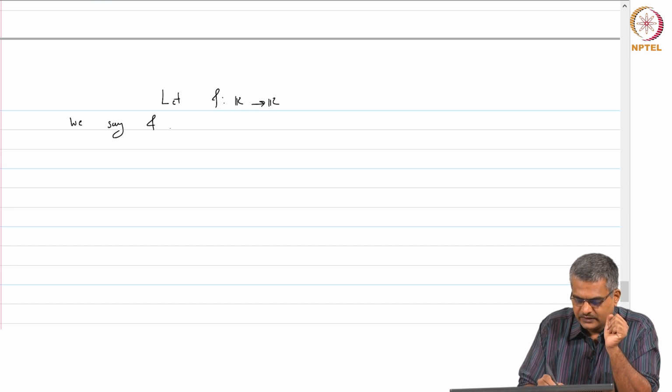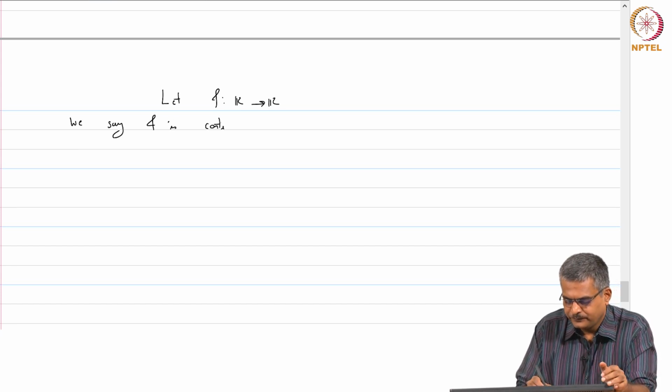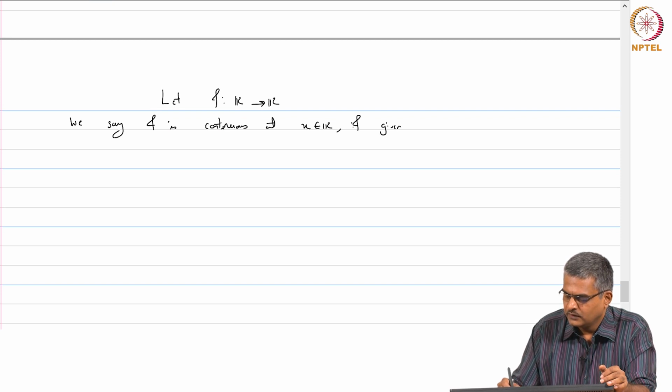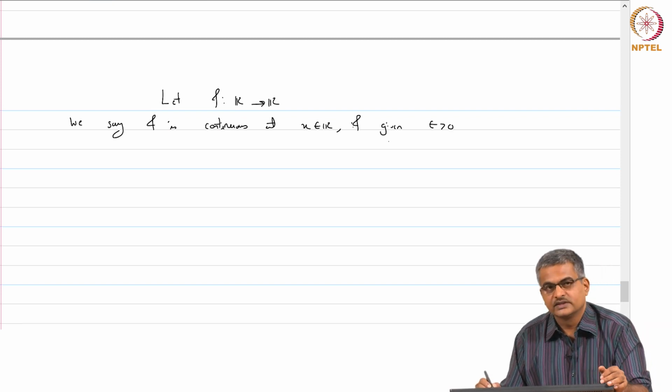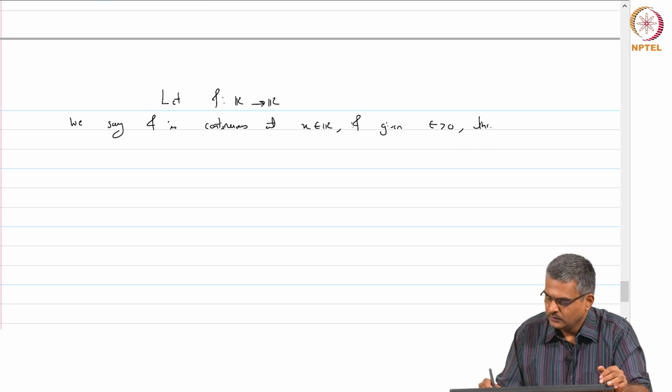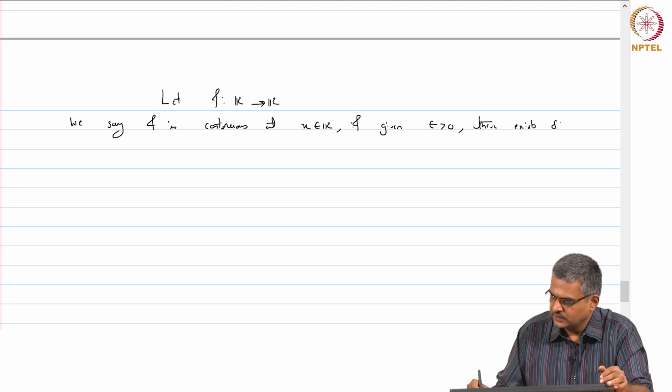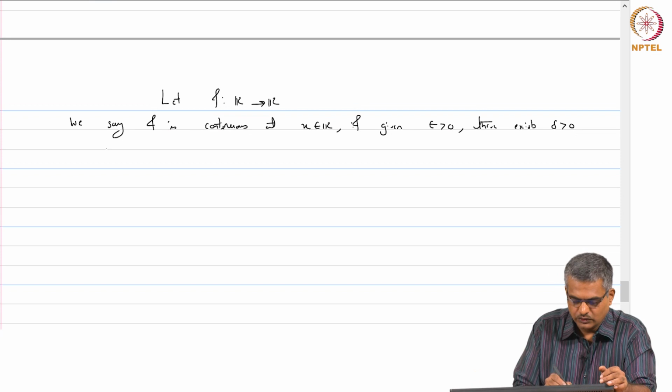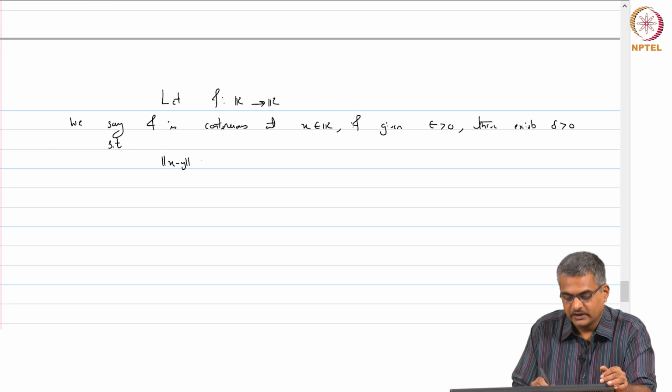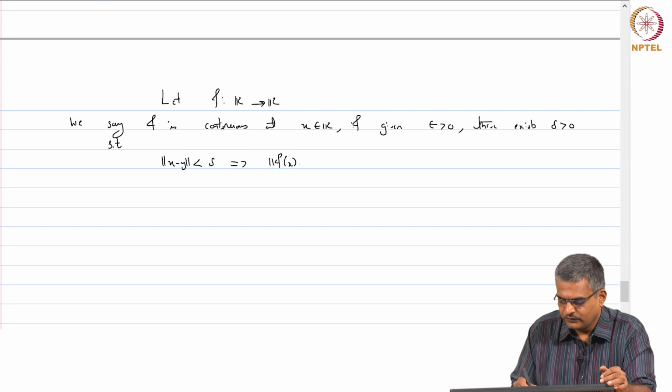We say f is continuous at x belonging to R if, given epsilon greater than 0, which is like a challenge thrown to you, there exists delta, another number greater than 0, such that whenever norm of x minus y is less than delta, it implies norm of f of x minus f of y is less than epsilon.